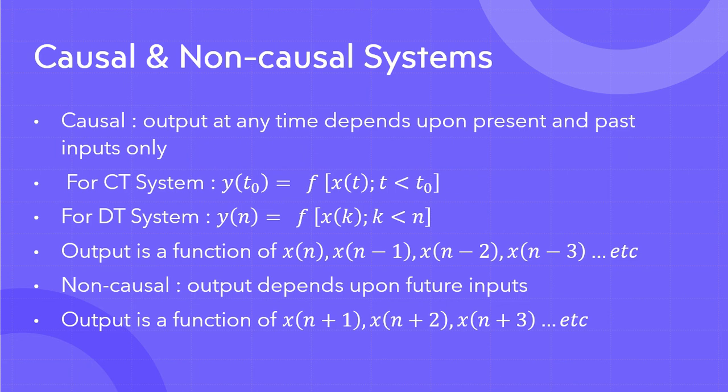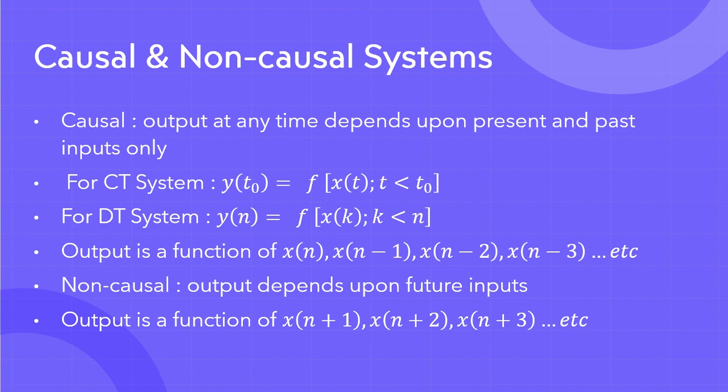So remember the example of the capacitor. In that, the output of your system was depending on the present and past input only, right? That means your system is a causal system.